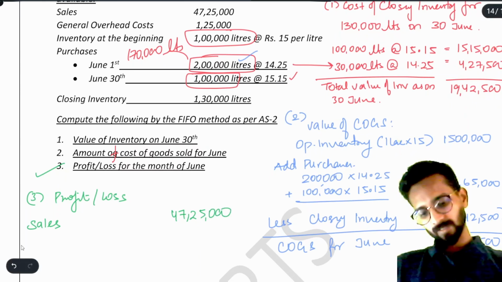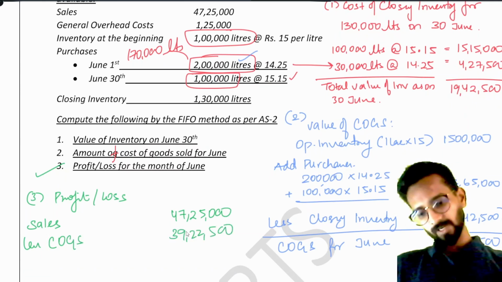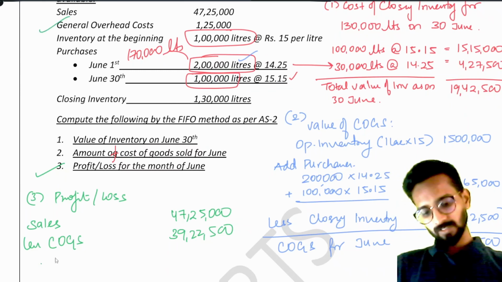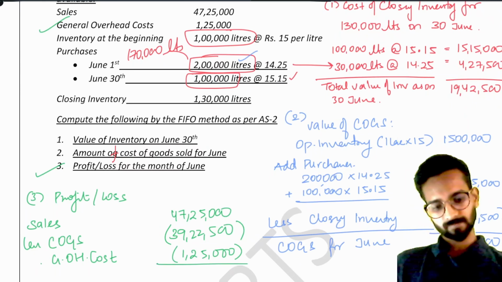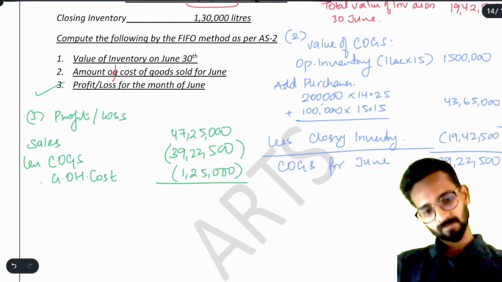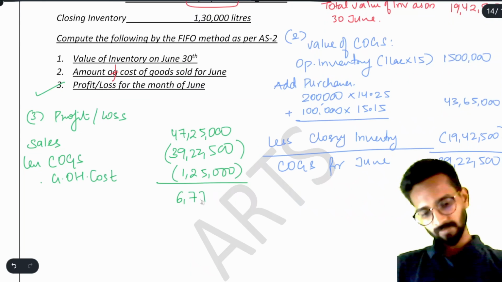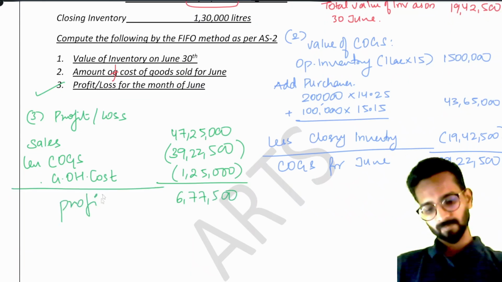Then we will remove from it COGS, the cost of goods sold, that is 39 lakh 22,500, and you will also remove the general overhead cost, less general overhead cost, that is 1 lakh 25,000. You can put the brackets for the negative amounts, and hence your profit will be 6,77,500. This is your profit.